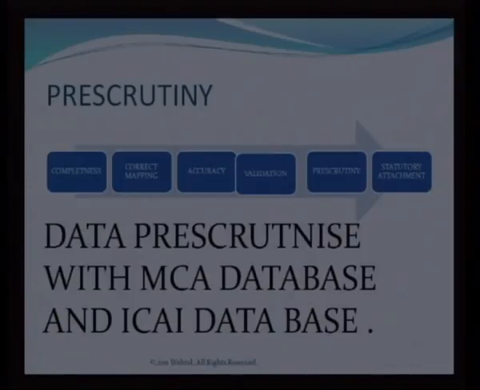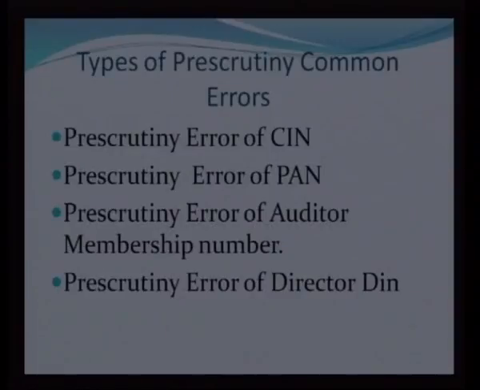What is the pre-scrutiny? When the validation is complete, you pass the instance document through the tool to the MCA portal, which will do some validations online with the MCA database and with the database of ICAI. What they are checking is the pre-scrutiny error of SIN, whether the SIN provided for the subsidiary and other companies is correct.